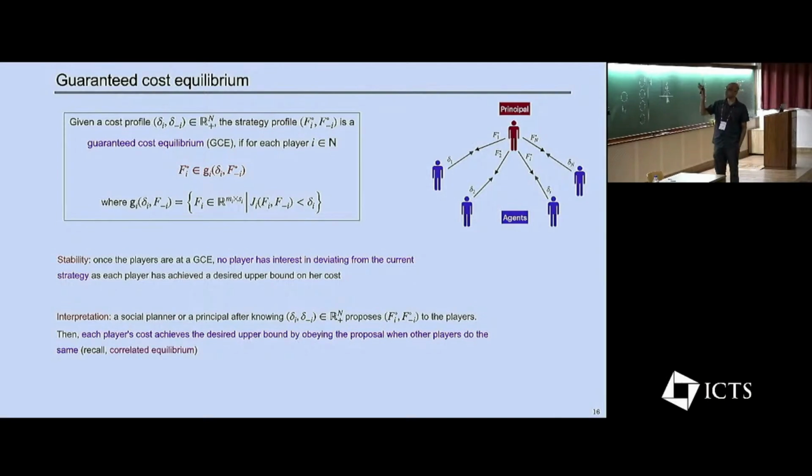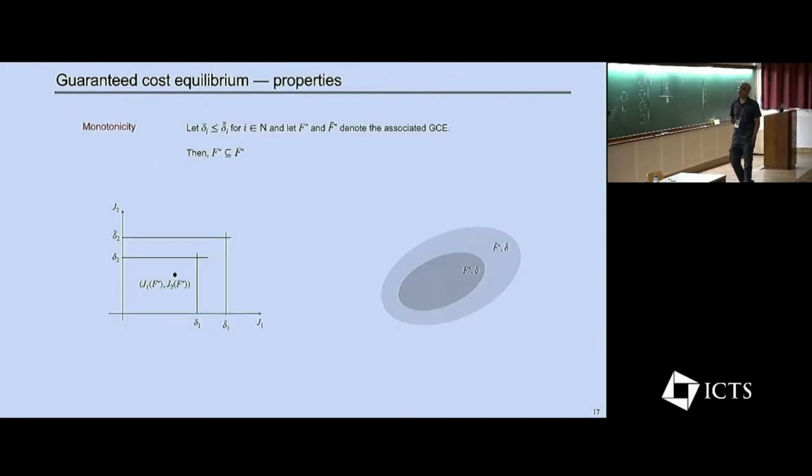Again, notice there is no communication between the players, but there is some amount of correlation, in that they are talking to a principal. So in some sense, this concept is similar to the correlated equilibrium in static games. Now, what are the properties? If players have very high expectations about their costs, meaning they have very low tolerance and keep reducing these bounds, then the guaranteed cost equilibrium set will shrink.